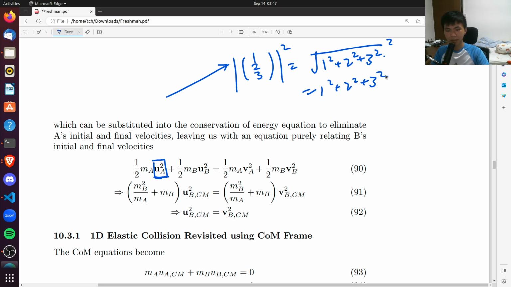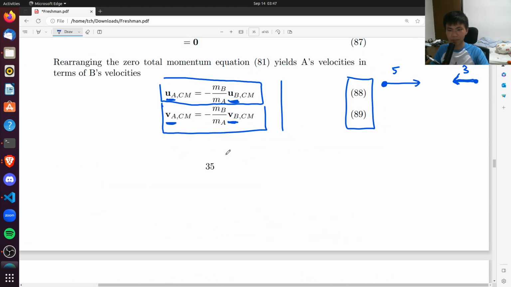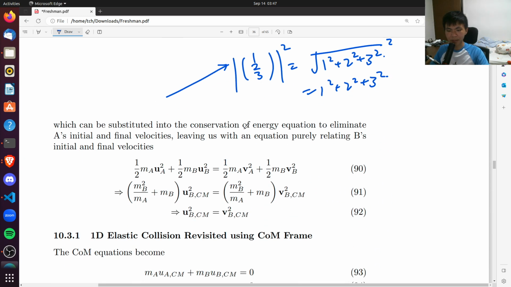So the kinetic energy equation, which is this, can factorize out nicely because we just established that UA is proportional to UB, and VA is proportional to VB. So initially we have UA squared plus UB squared, but UA can be expressed in terms of UB, so we get the following factor times UB squared.